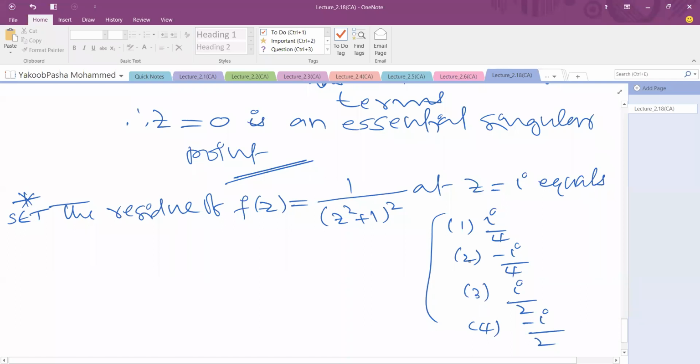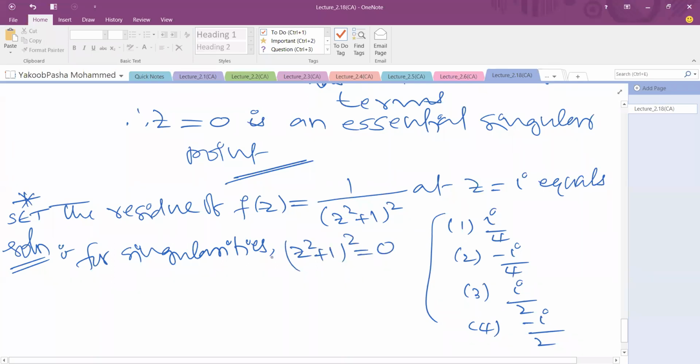First of all, we have to see the singularities. What are the singularities we have here? For the singularities, the denominator z square plus 1 whole square is equal to 0.